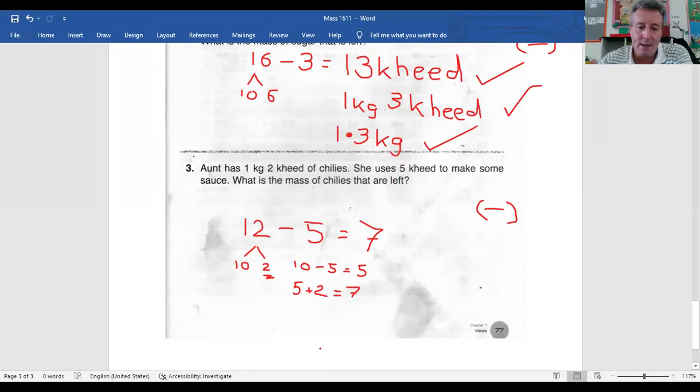So our answer will be 7 keyed. There we go. So that's solving our problems with maths.